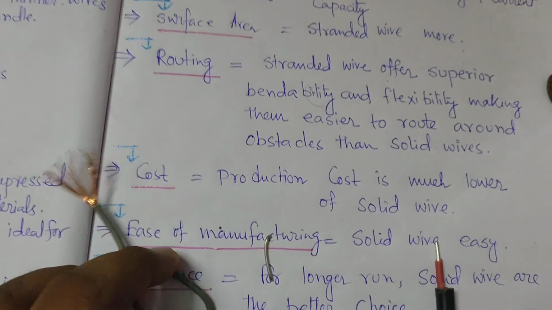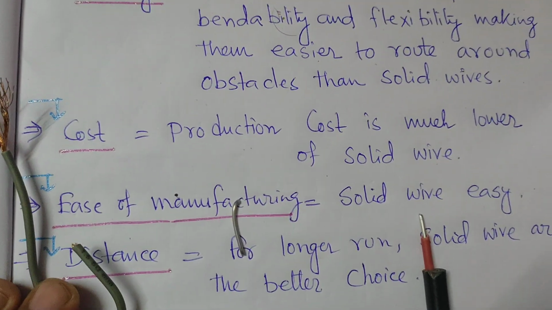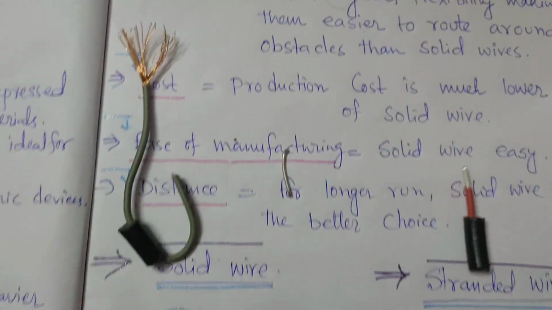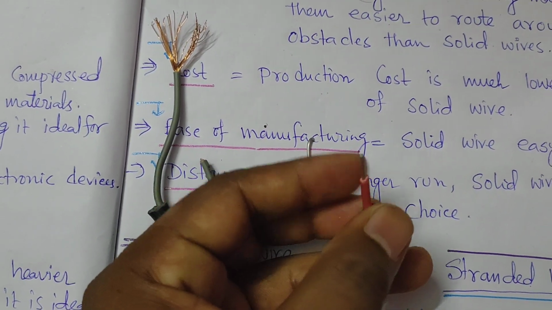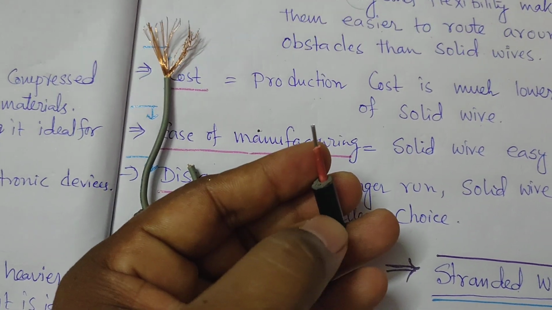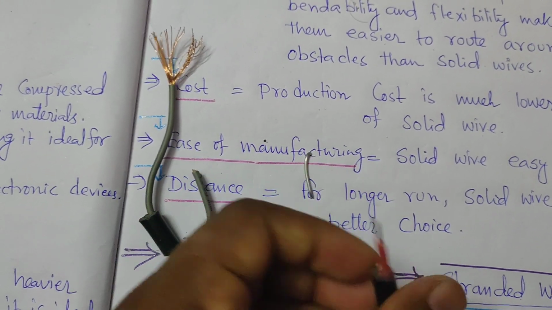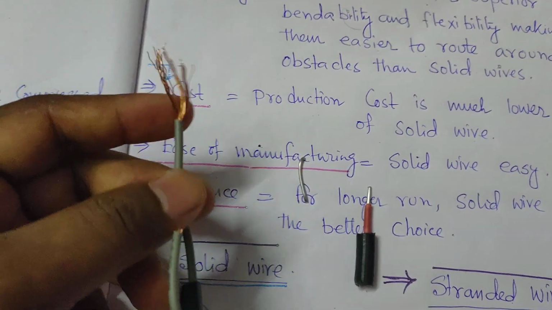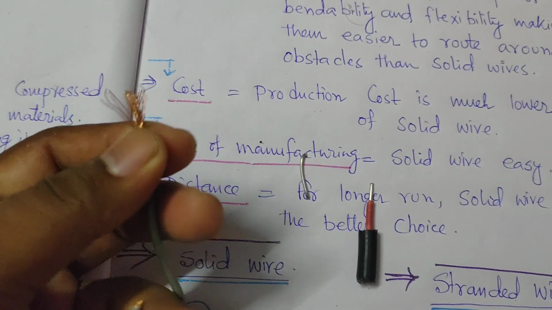And cost: where we are discussing the cost, the production cost is much lower in the solid wire, because one core is present, the insulation goes on the upper side, and the wire is ready. So the cost of manufacturing is lower, because in the stranded conductor, you have to twist lots of thin wires, bundle them, then put the insulation.